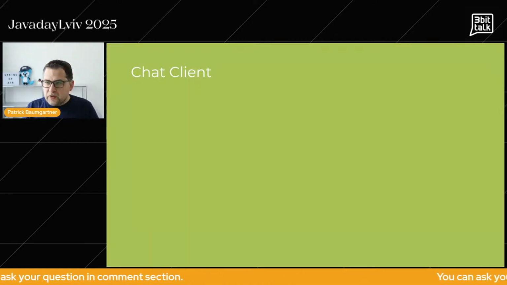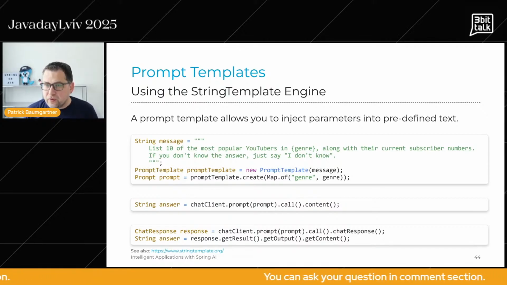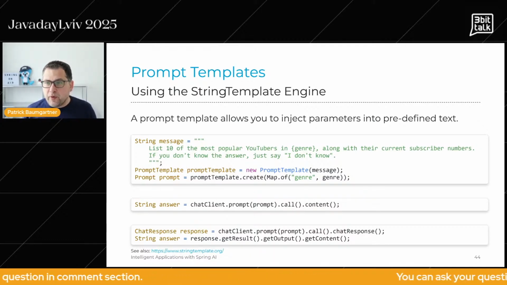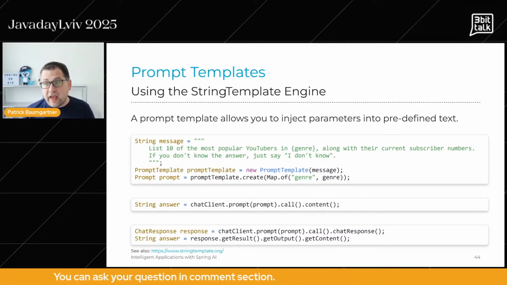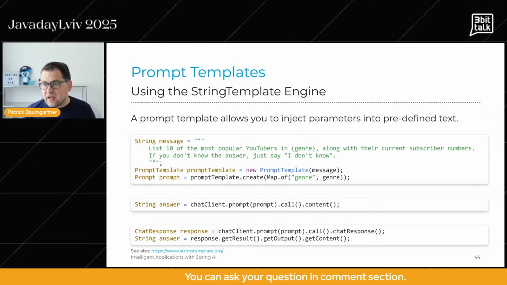Good. So the first thing we are talking about is chatting, of course. When we are creating a chat or using a chatbot, we start doing prompts. Now in Java, or especially in Spring AI, they had the idea to use a library called the StringTemplate engine. It's an open source library which allows you to do something similar to prepared statements in SQL, right?